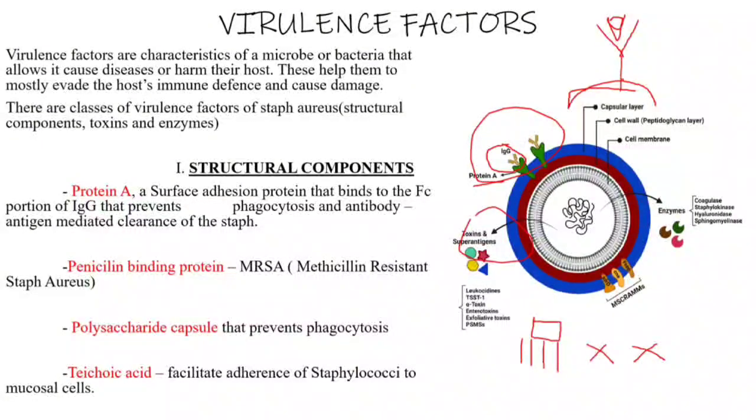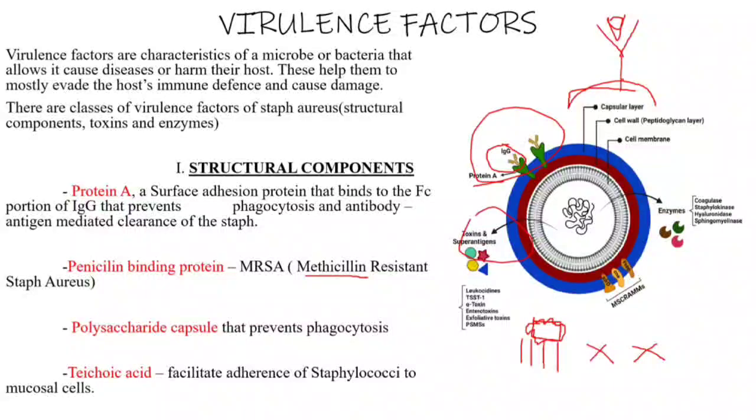So what Staph aureus does is that it changes the penicillin binding protein. Now, there's a drug called methicillin, and it works by preventing the penicillin binding protein from cross-linking the peptidoglycan, so that the bacteria will be vulnerable to antibiotics.